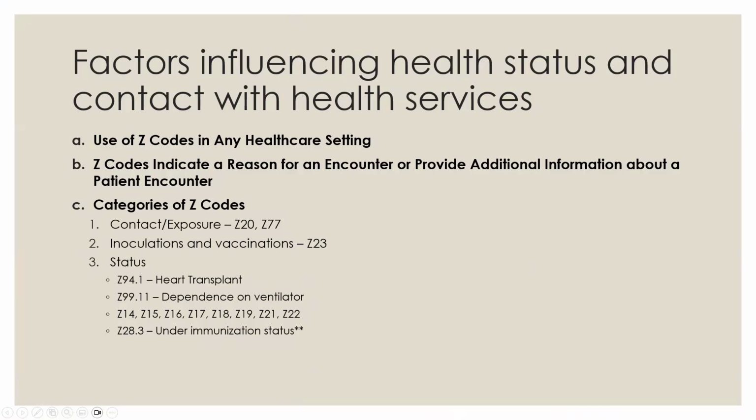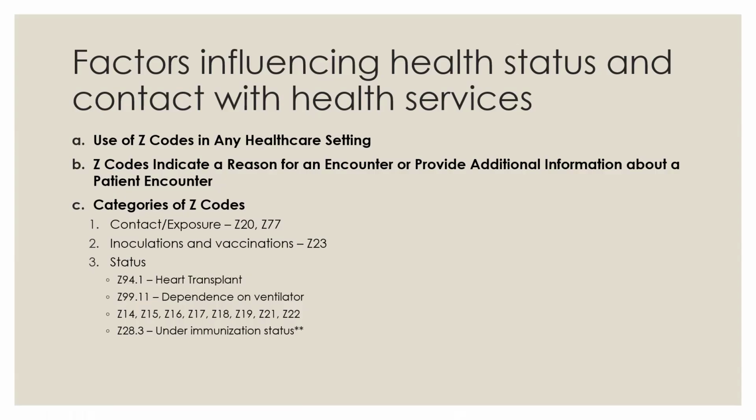Z codes indicate a reason for an encounter or provide additional information about a patient encounter. Z codes are not procedure codes. A corresponding procedure code must be accompanied with a Z code to describe any procedure performed. So we have some guidelines specifically about categories of Z codes.